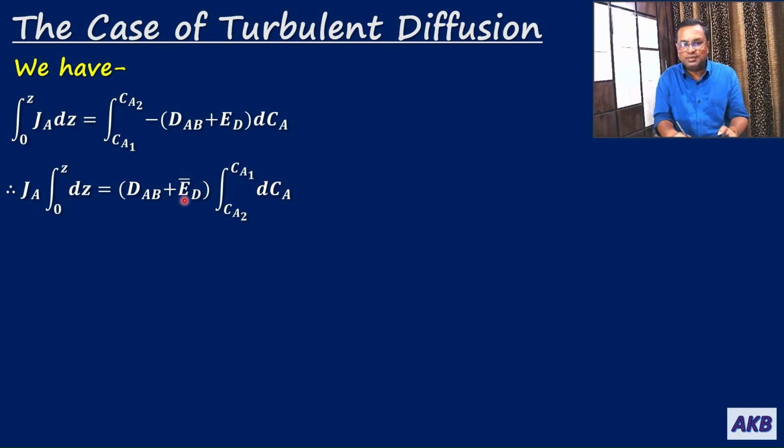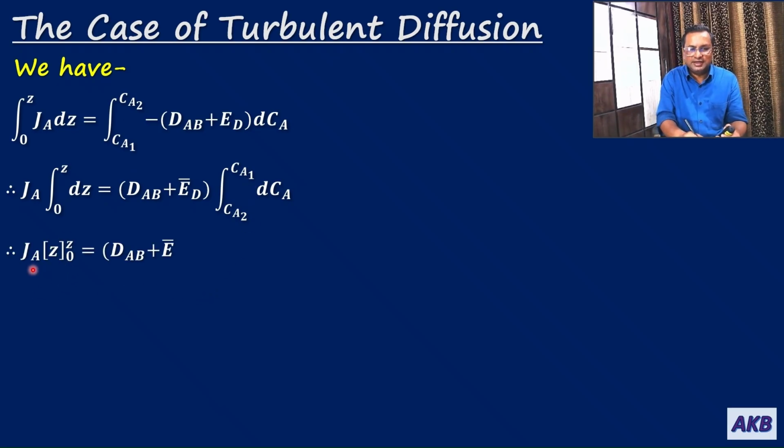Now this is the average value, which is constant, so that's why it has come out of the integral. So (DAB plus ED bar) into integration from CA2 to CA1 of dCA. So now limits are from CA2 to CA1.